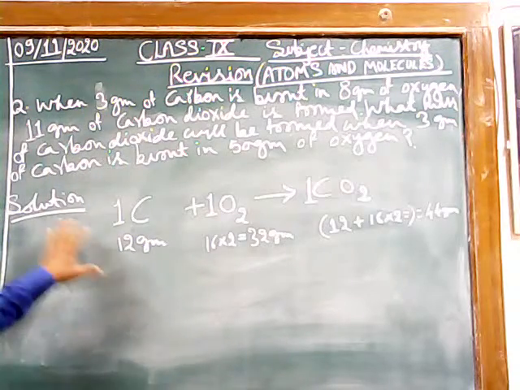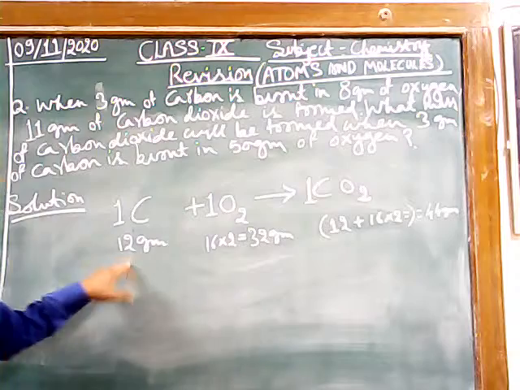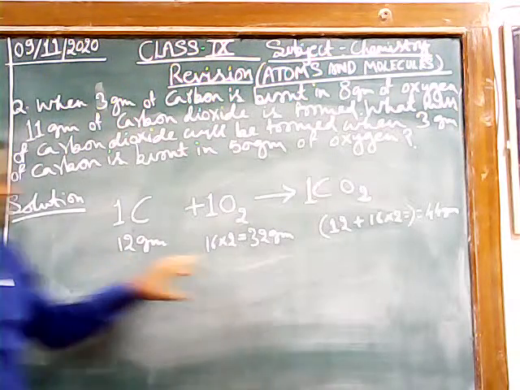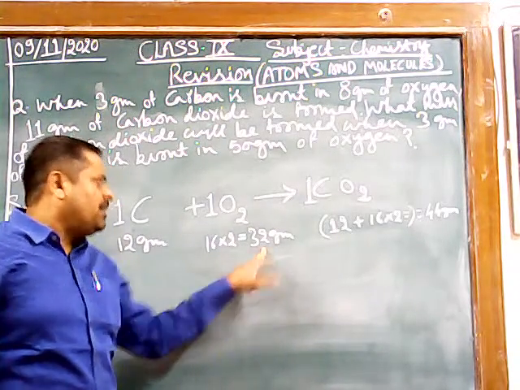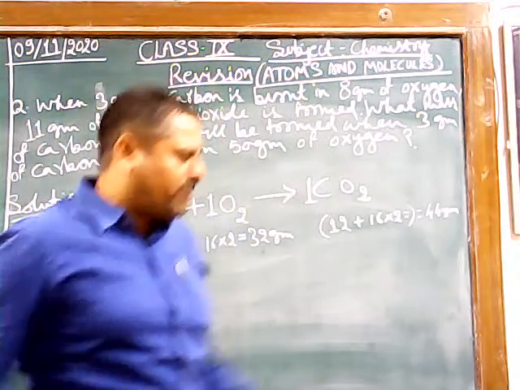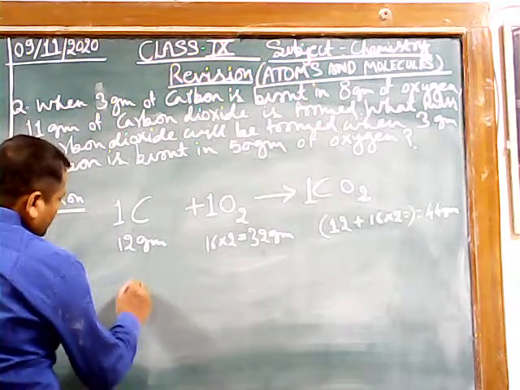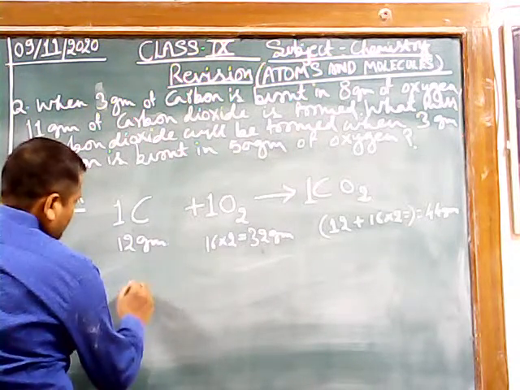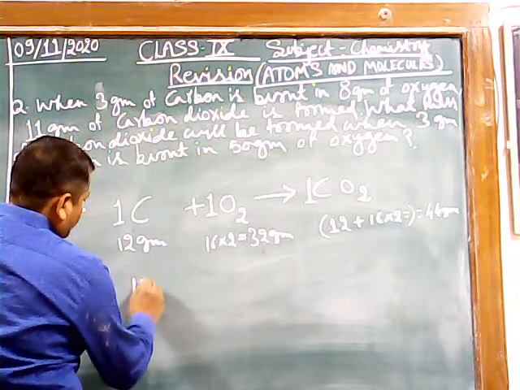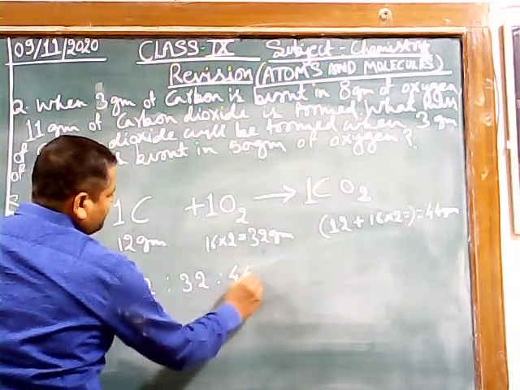So this equation tells us that when 12 grams of carbon bonds with 32 grams of oxygen, it gives 44 grams of carbon dioxide. Okay. So what is the ratio? Let us take the ratio: 12 is to 32 is to 44.